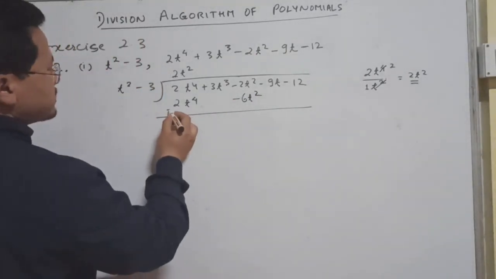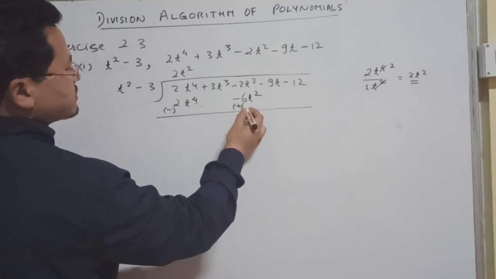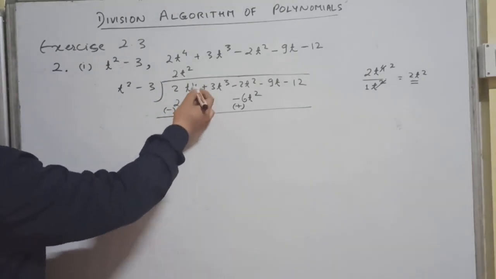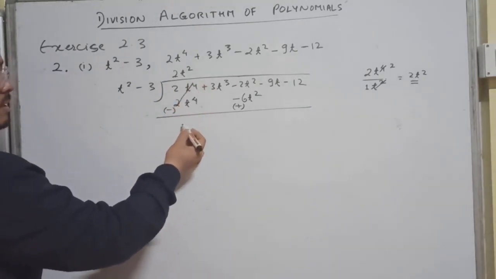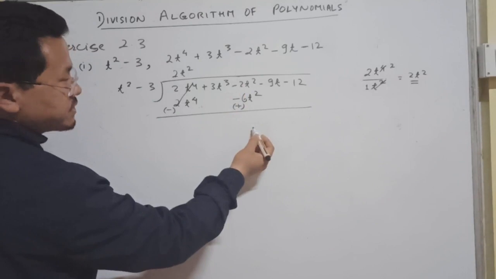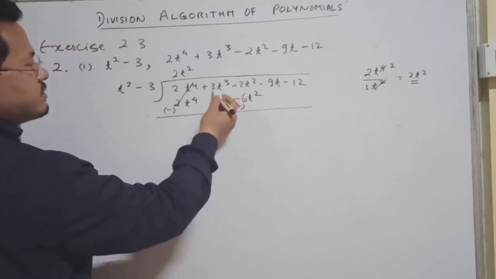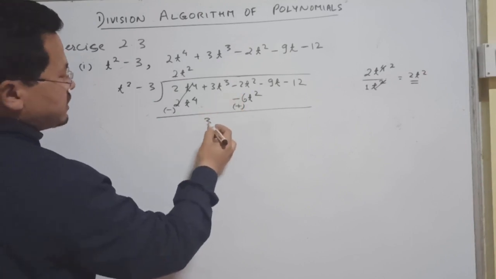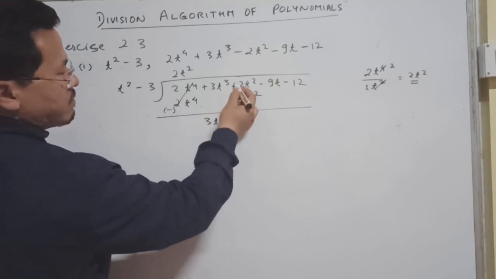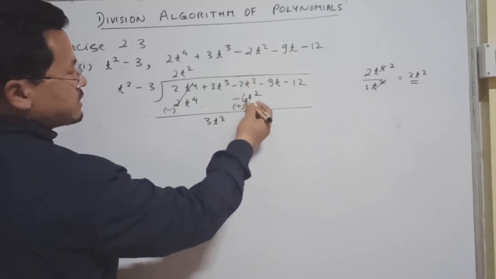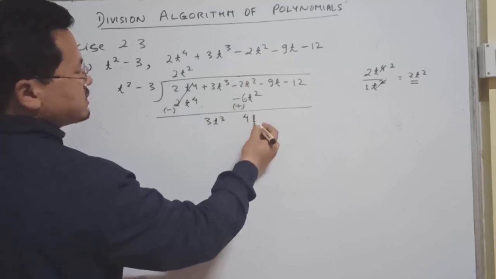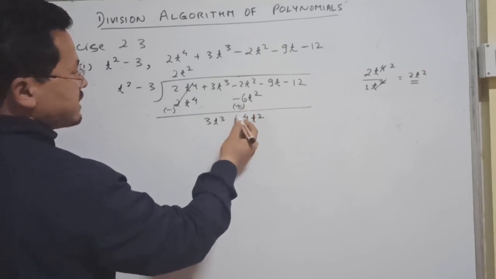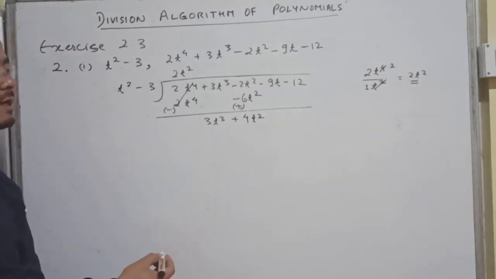Now we subtract. We have the same coefficient, t power 4, t power 4, they cancel and become 0. Now we write 3t cube, because this is the highest power left. We have a minus and a plus, so 6 minus 2 is 4t square, and we know that 6 has the positive sign and it is bigger, so plus.